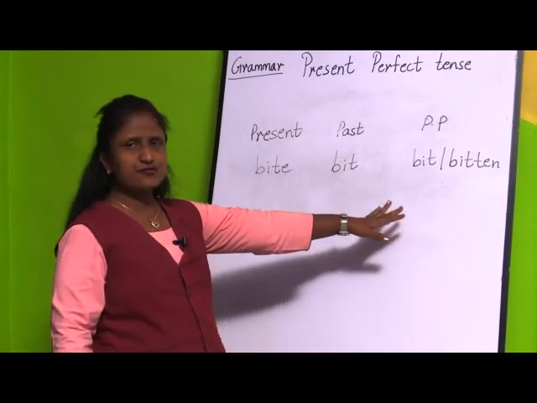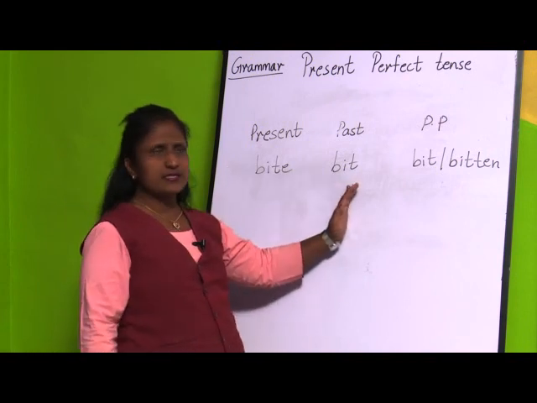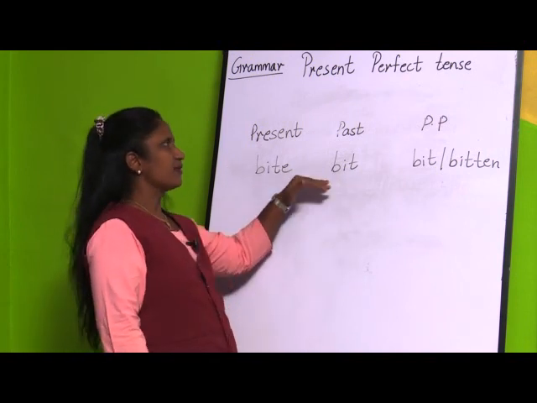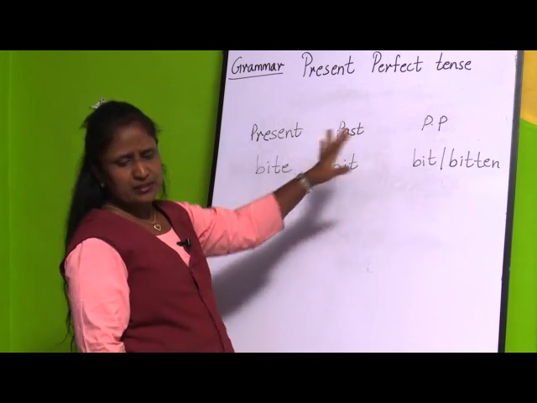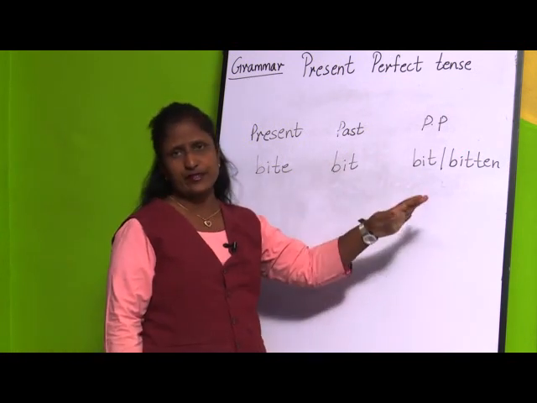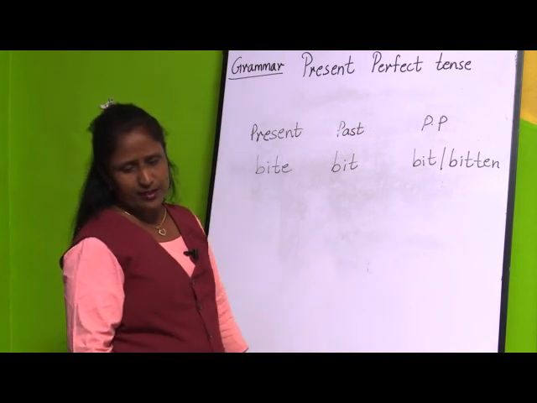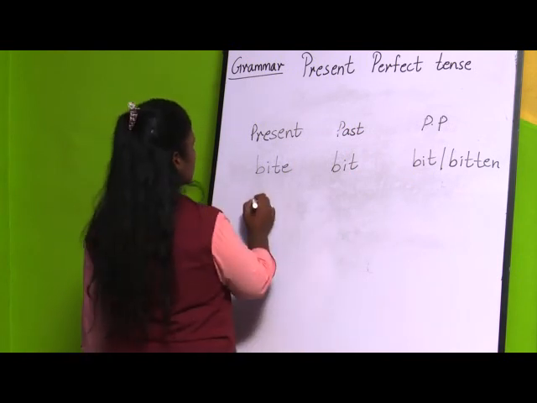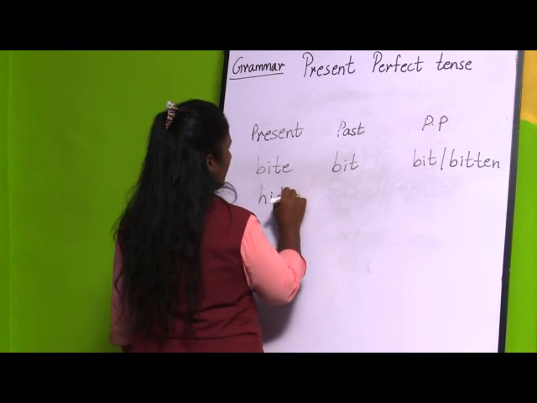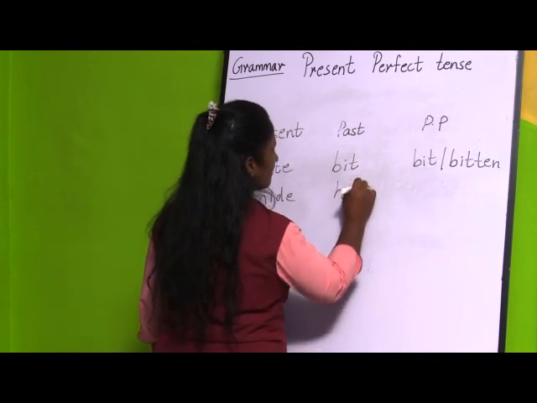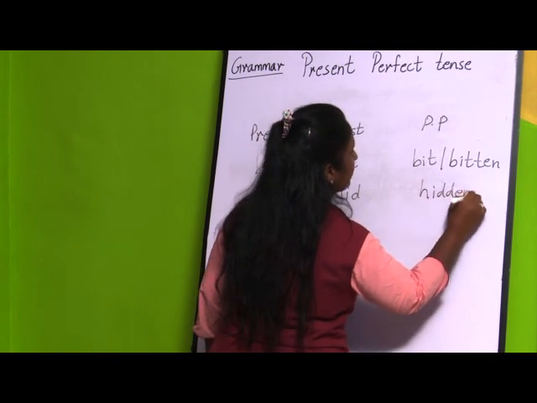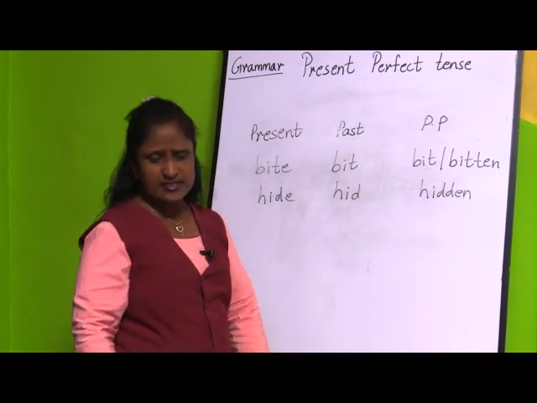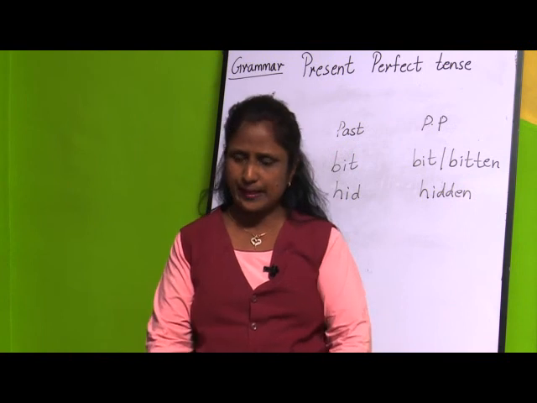See, they have changed in all three tenses. Present tense it is bite, past tense it is bit and past participle it is bitten. Means words which have three different forms over here. For example, again hide, hid, hidden. See, here we can see three different forms. So, in this way, this is also one type of rule.